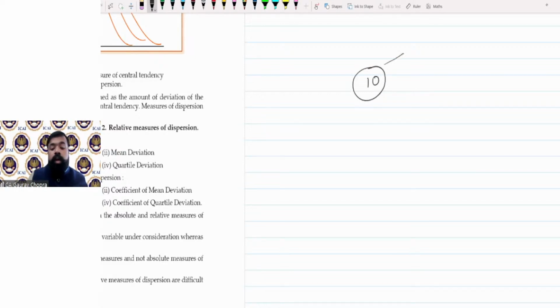Now other numbers are 12, so there is a deviation of positive 2. If the number is 15, there is a deviation of positive 5. If the number is 8, there is a deviation of negative 2. So whenever we are having different figures, we calculate the deviation, that is the gap between those observations. So it is simply known as dispersion.